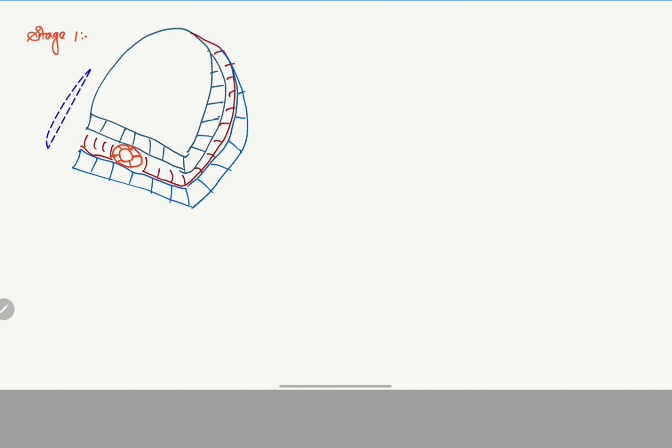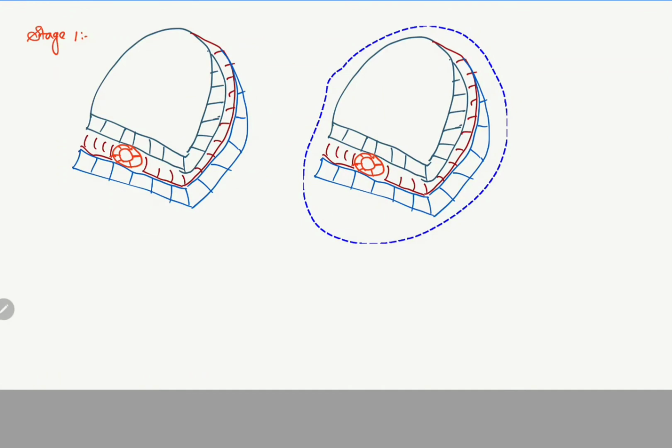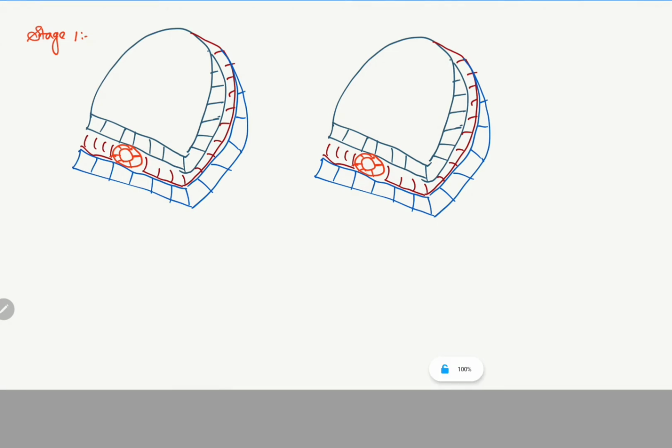What happens during stage 2? Let us copy this. The endoderm and the lower part of the notochordal tube will be fusing together, and they will be disintegrating, right? So the floor disintegrates.